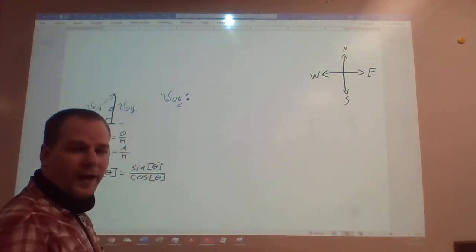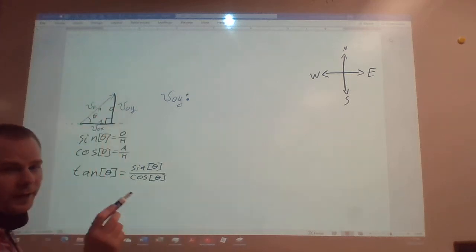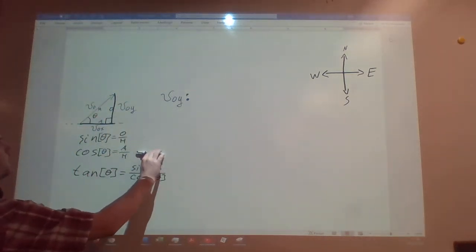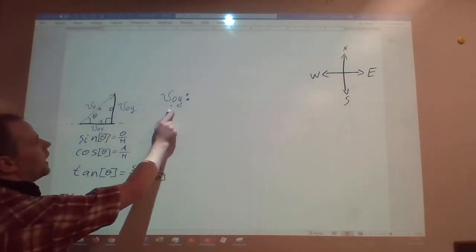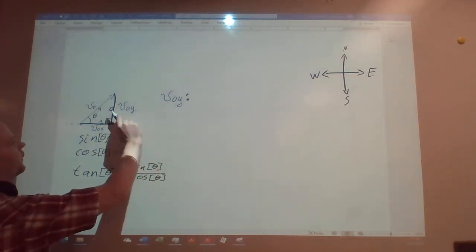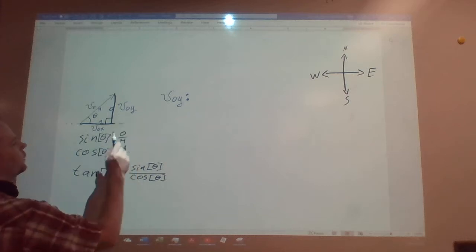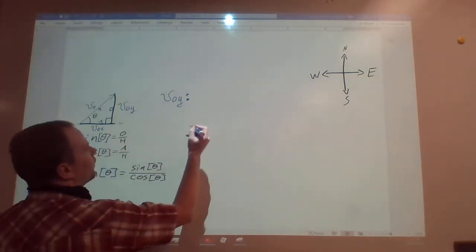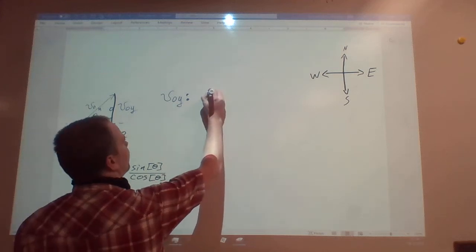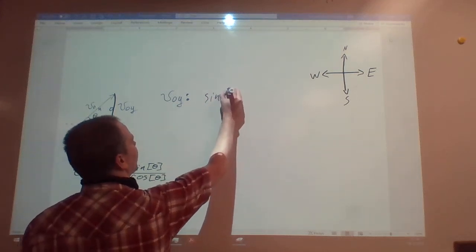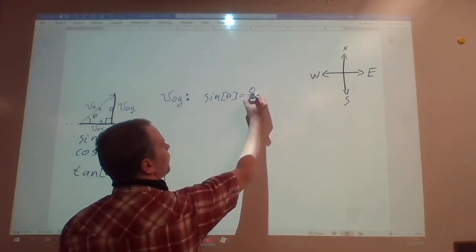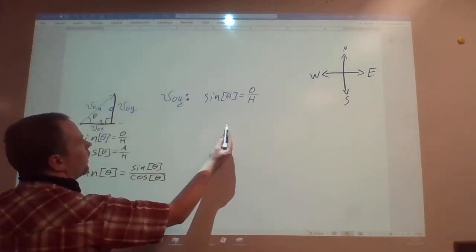Okay, to do that, we first have to identify which of these two functions we want to use. Well, v naught y is the opposite leg, so we want to use the function that has O in it. So we are going to start with the sine of theta is equal to O over H.